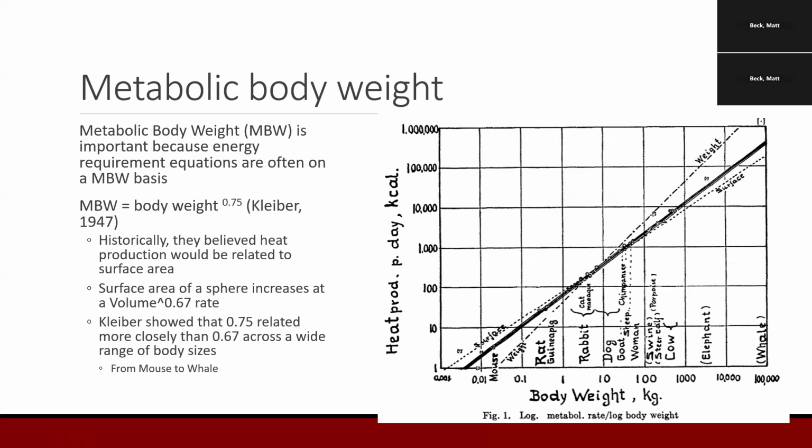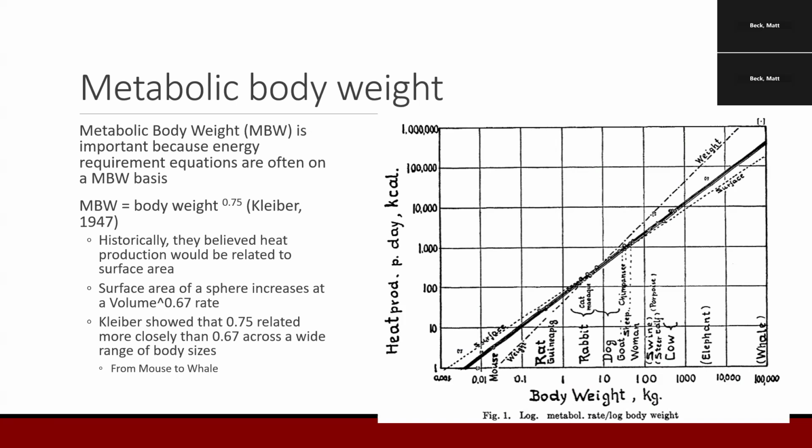Everyone expected it to be the 2/3 power, 0.67, because as the volume of a sphere, or really any shape, increases, its surface area increases to the 2/3 power. Does that make sense?